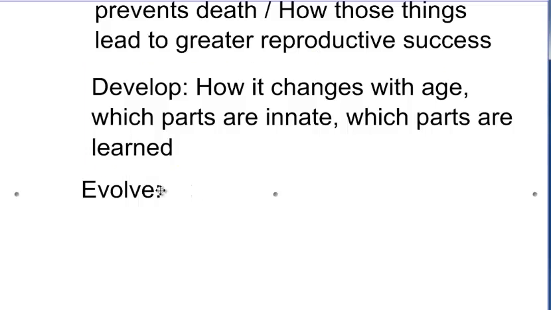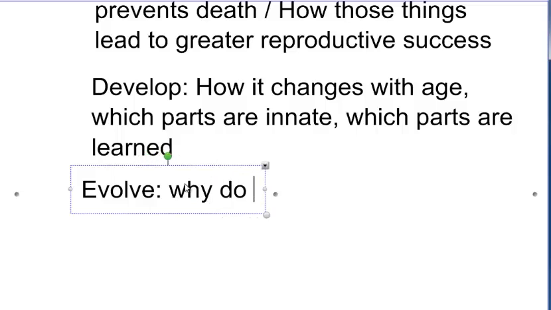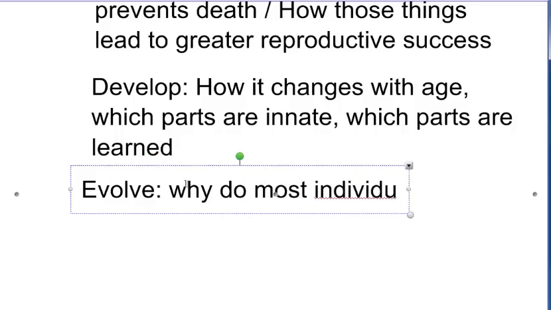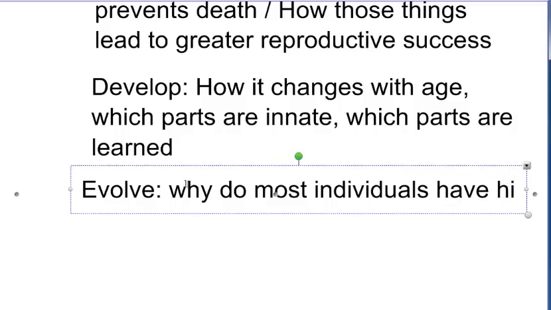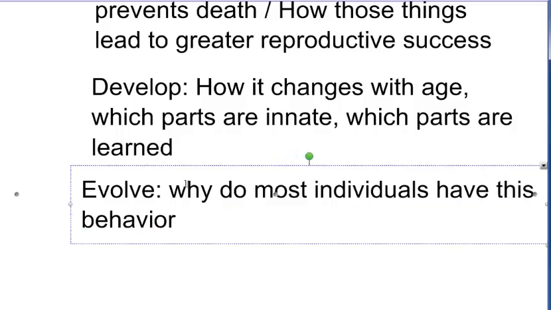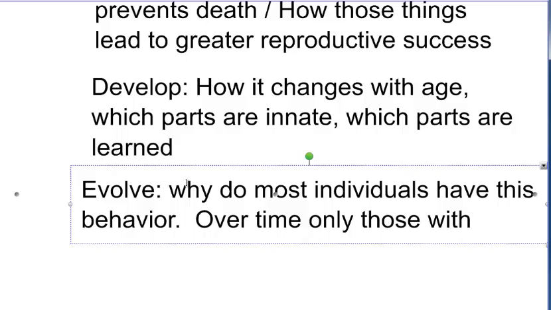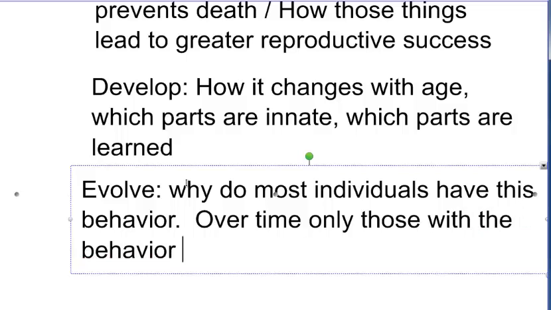As far as evolution, I want to know, why do most individuals have this behavior? You need to talk about how over time only those with the behavior will reproduce, because any individuals that didn't have the behavior would have died from the parasites. So having the behavior allows you to reproduce.